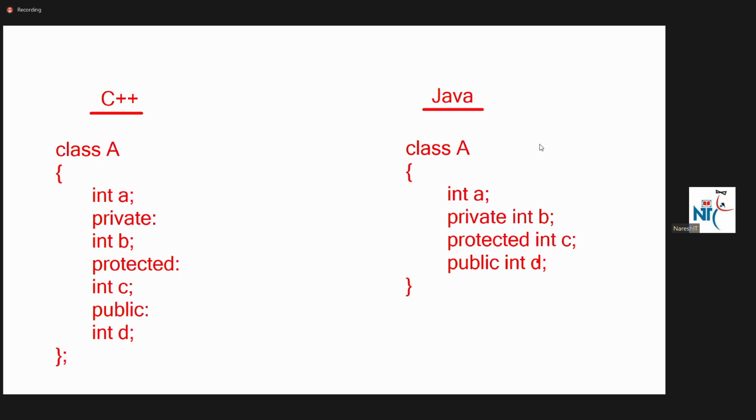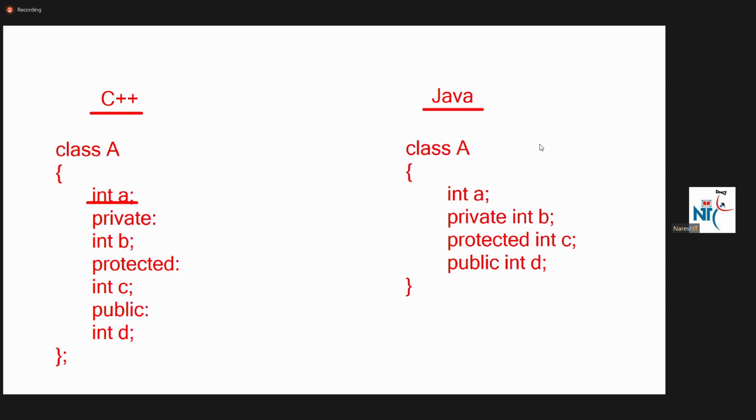It's clear. Okay. But A, which type? A has no access modifier written. Now this B is private, C is protected, D is public. In Java also, B is private, C is protected, D is public. But here A, this A is also private.